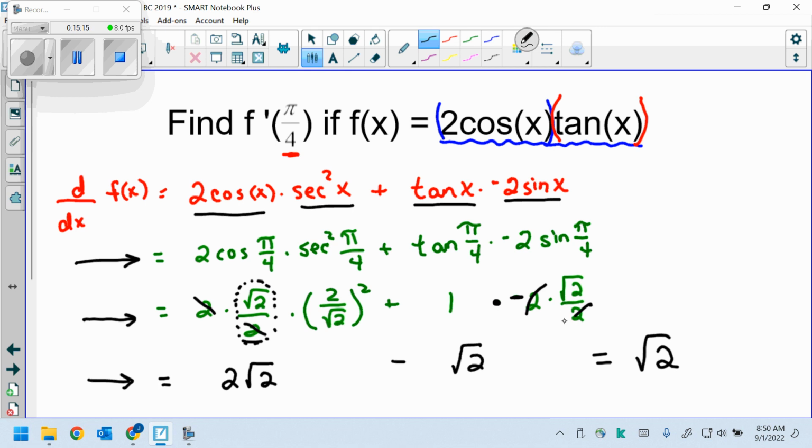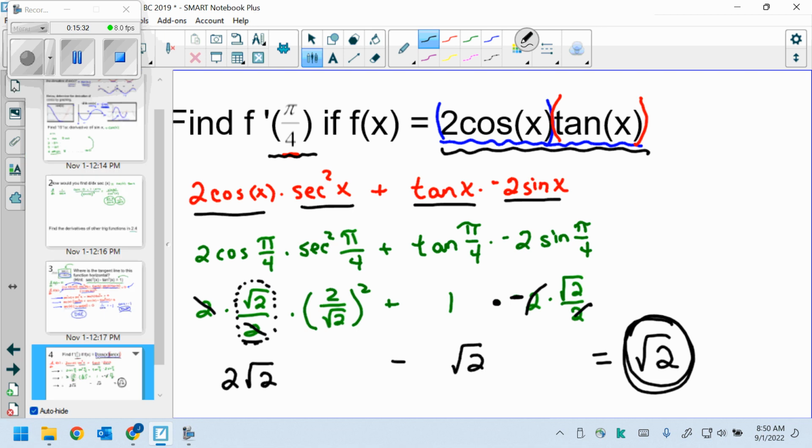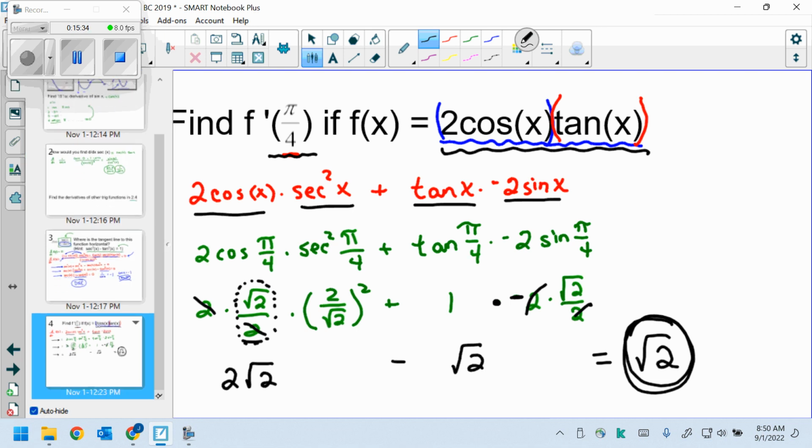So the slope of this function when x is pi over 4, square root of 2, or 1.4-ish, is going to be the slope. All right, and I think that brings us to the end of the discussion of derivative of trig functions.